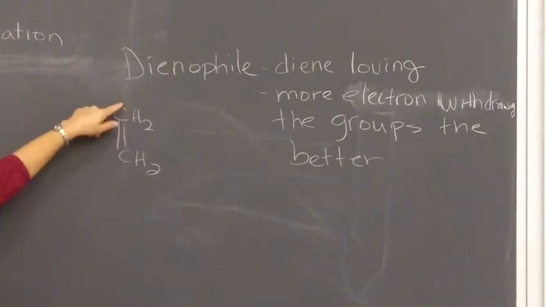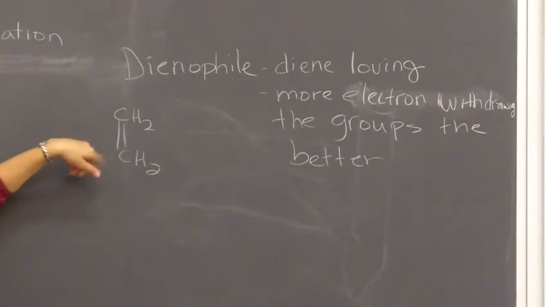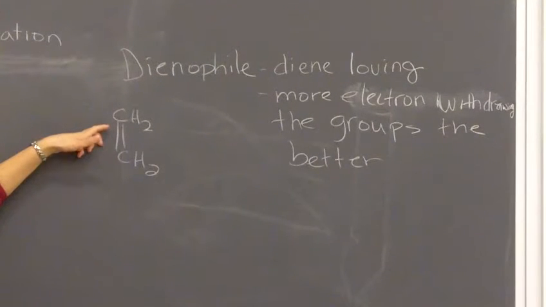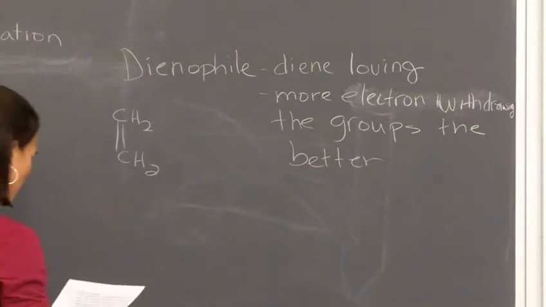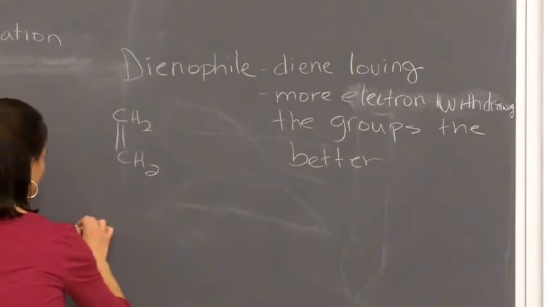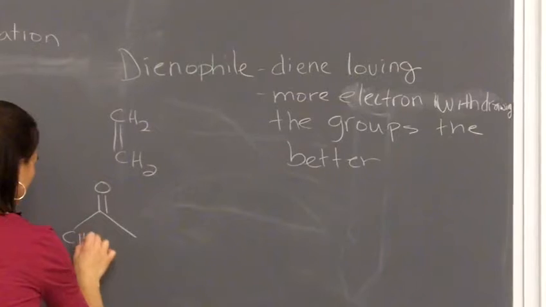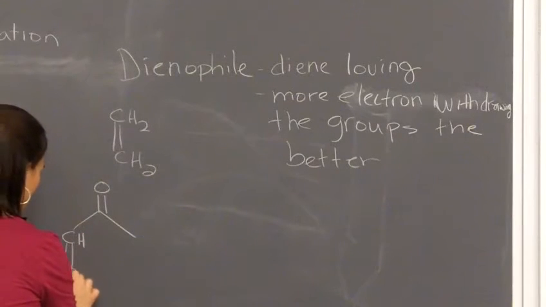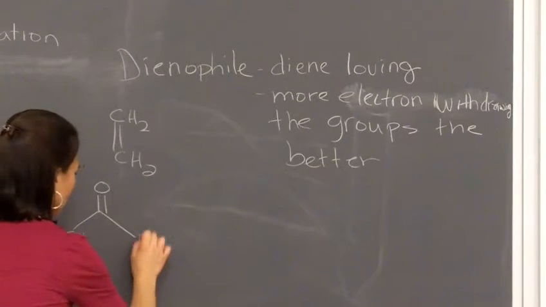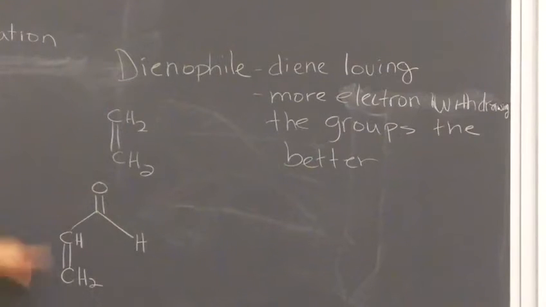But if you start putting electron withdrawing groups on either side of the double bond, then that makes it a much better dienophile, okay? So you could use something like this guy here, propanal.